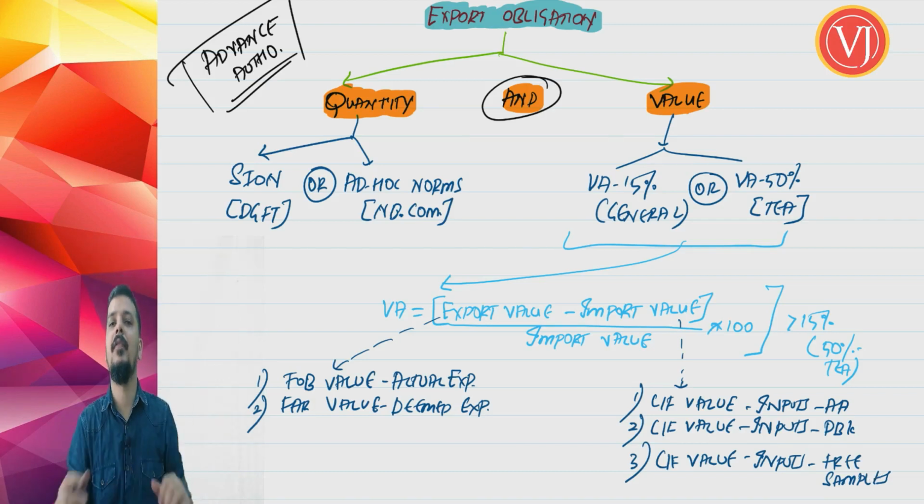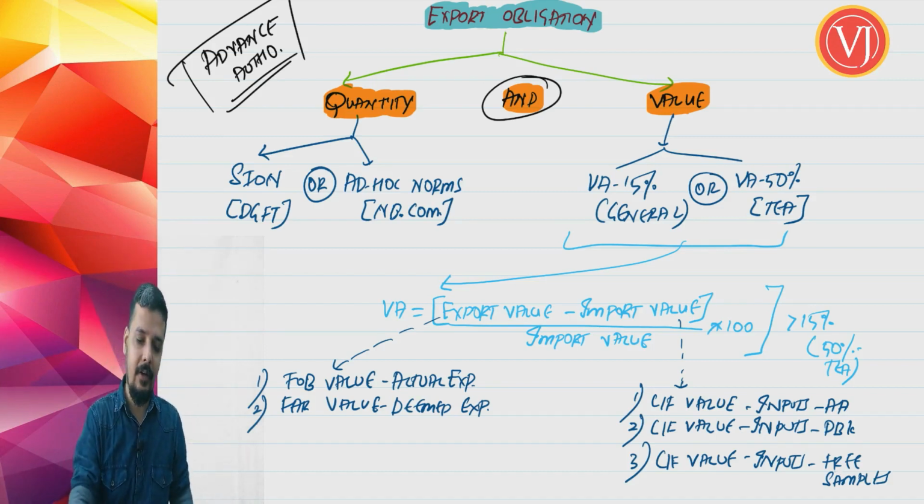The benefit of exporting samples for export promotion, what is the limit, that we have discussed. Now we are talking about import of free samples. Import of free samples, we are going to add that also. CAF value of your inputs where you are talking about free samples, even that has to be added here.